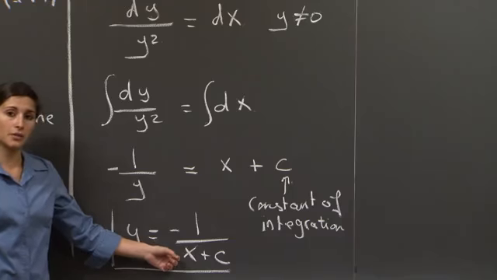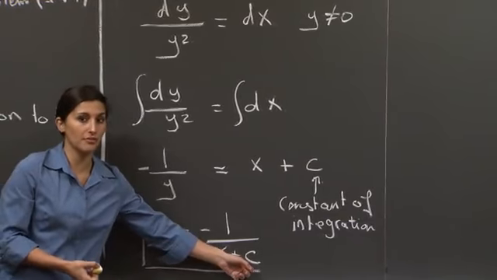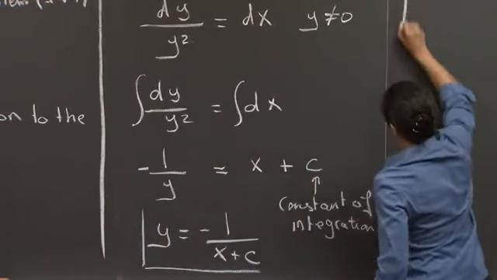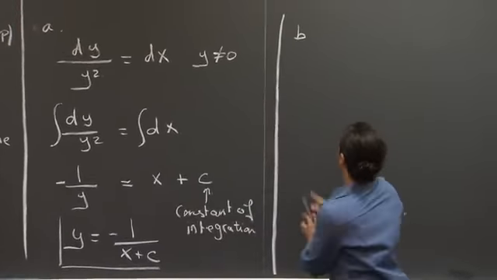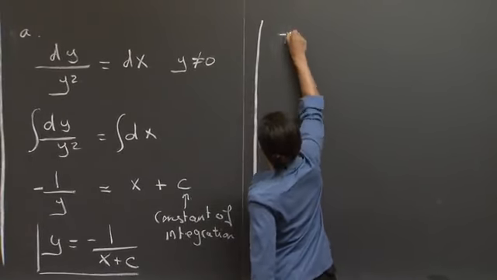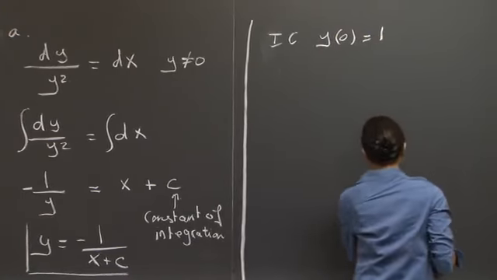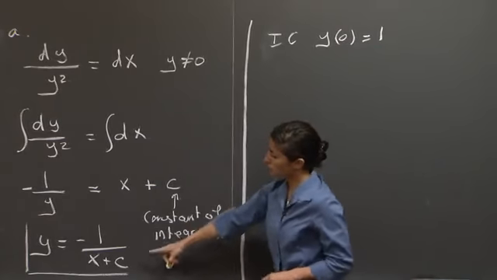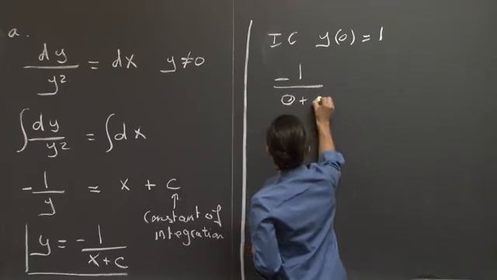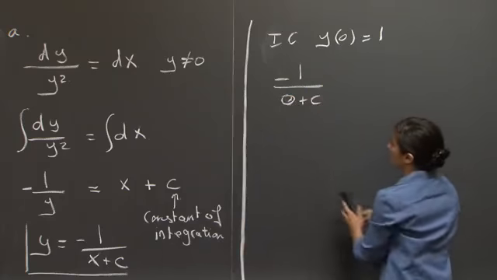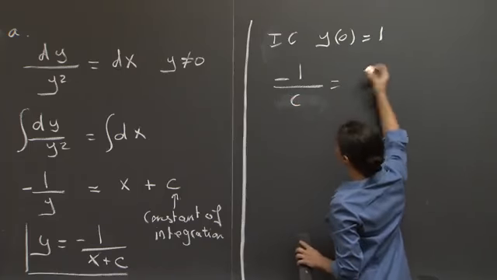Now we need to use our initial condition, y(0) equals 1, to determine the value of c for this particular initial value problem. So if we substitute this in the expression that we just obtained, we have 0 plus c, which then only gives us c, equals 1.